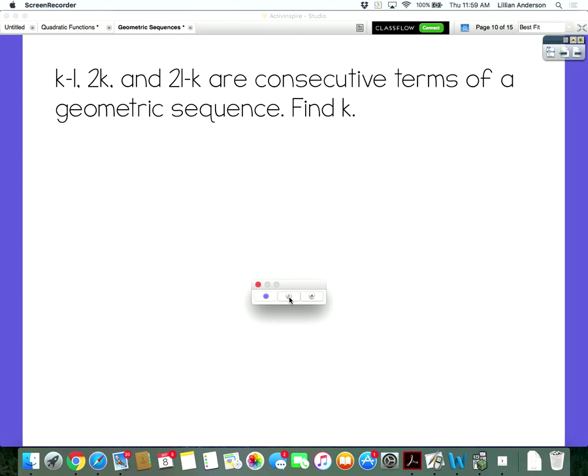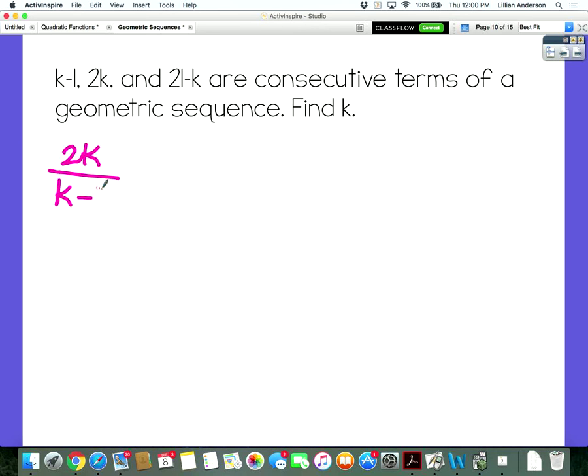So when you're trying to figure out, like in this case, the value of k, and you have consecutive terms of a geometric sequence, you're going to take your second term divided by your first term to get your common ratio. You'll take your third term divided by your second term to get your common ratio. And no matter what, these two ratios should be equal.